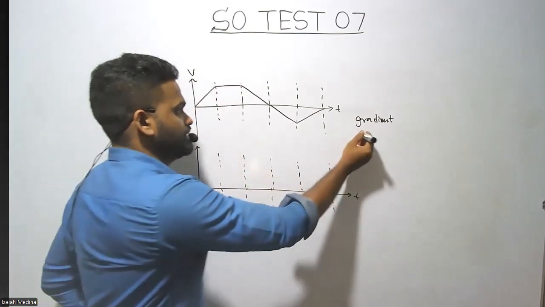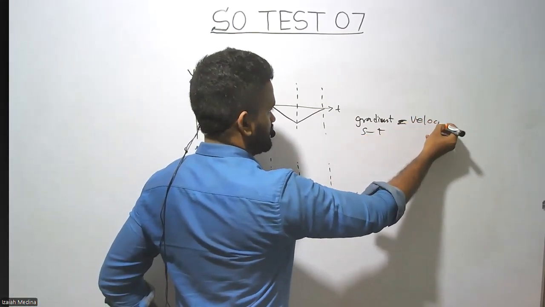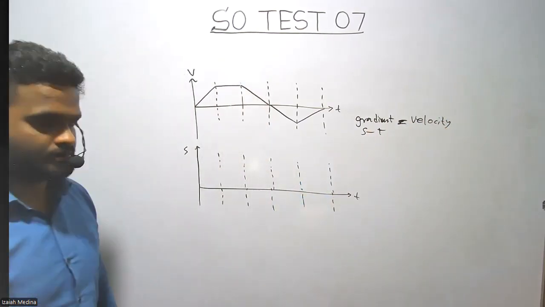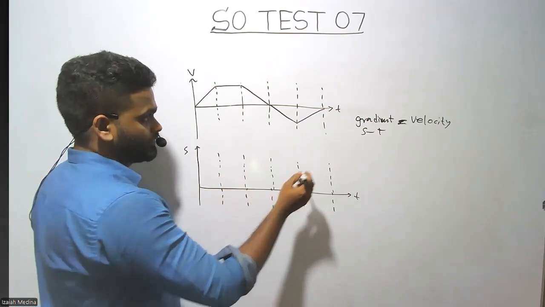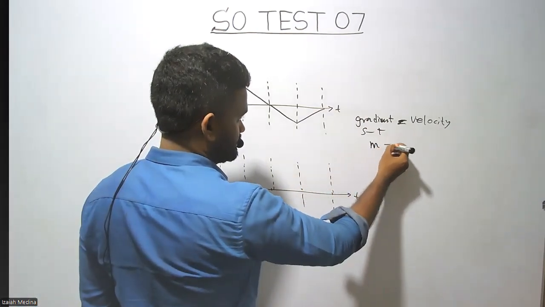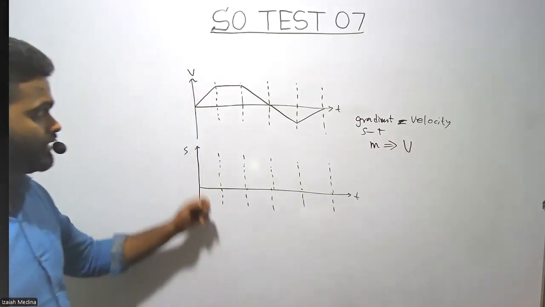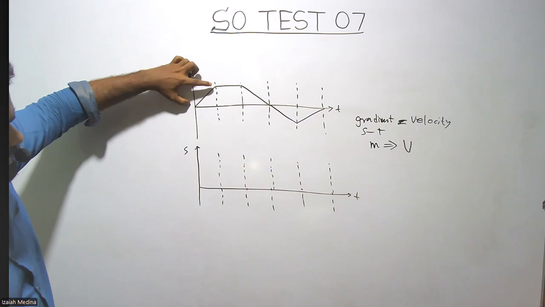Gradient of ST is equal to velocity. So anything that happens to the velocity happens to the gradient, right? So let's say the graphs for S and V, right? First part, velocity is increasing.